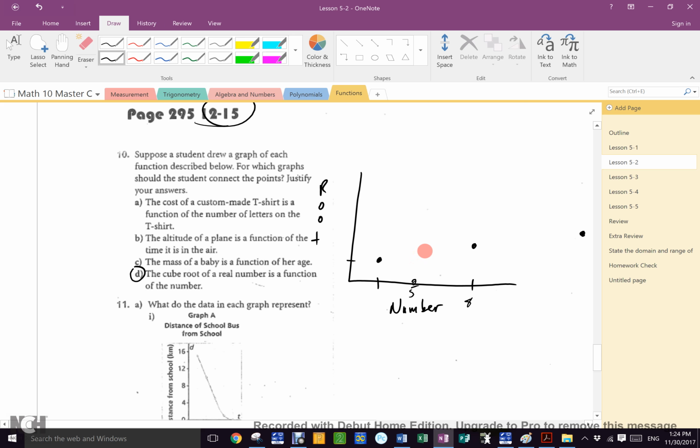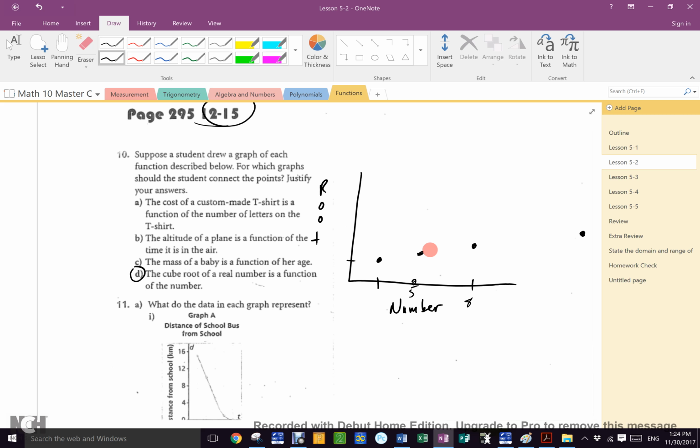But if you're going to make, I believe it was Sam's argument, that it's irrational and it's got an approximate root, then we know that the cube root of 5 must be between 1 and 2, yes? So it's somewhere in here, right? Can I use my calculator, hit cube root of any number? Yes. And it'll give me a decimal, right? So if you're going to argue that point, then you would connect the dots, wouldn't you?